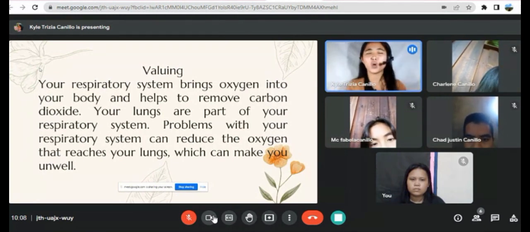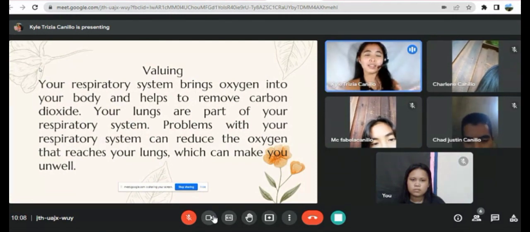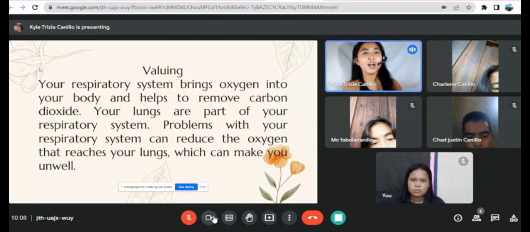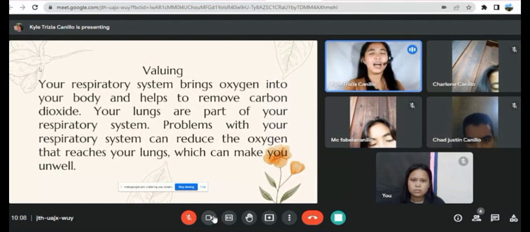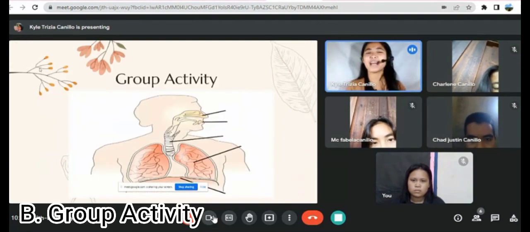Imagine that we don't have a respiratory system. We will not be able to breathe in, and we should take care of it, because problems with the respiratory system can reduce the oxygen, which can make us unwell or give us a disease.